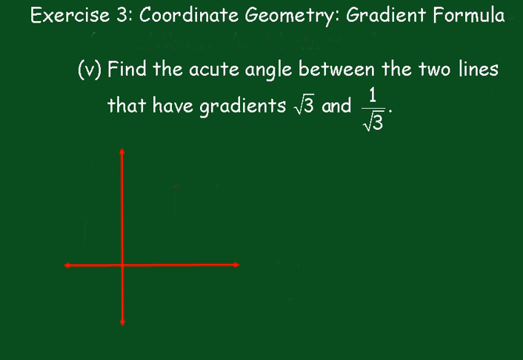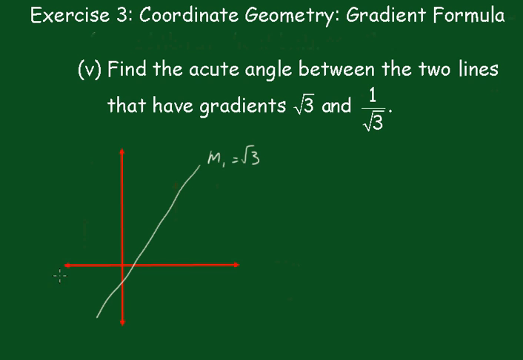Okay, last question. Now we'll just draw these gradients. Notice they're both positive this time. So we'll have a fairly steep one here, going up like that. It's m1 equals root 3.